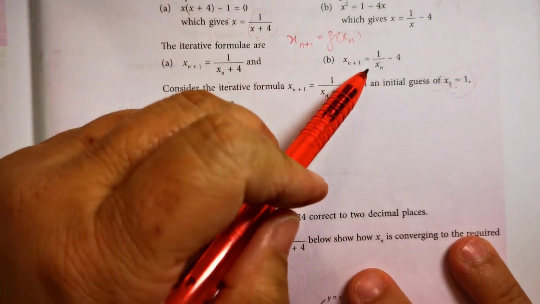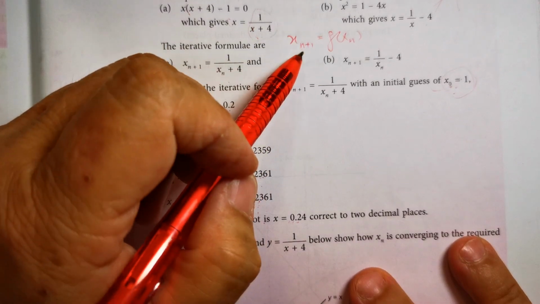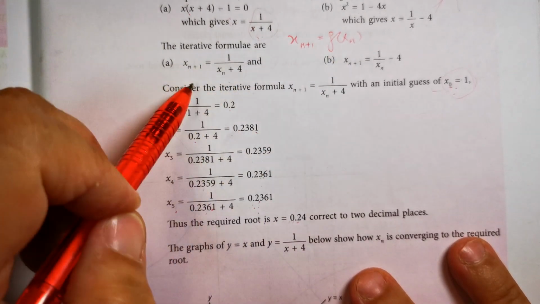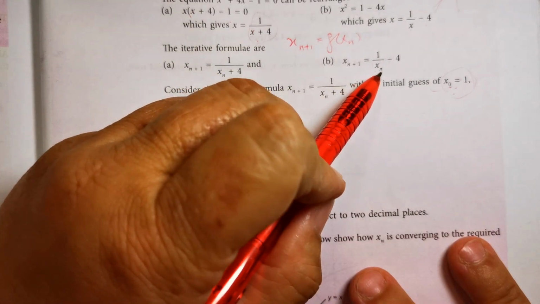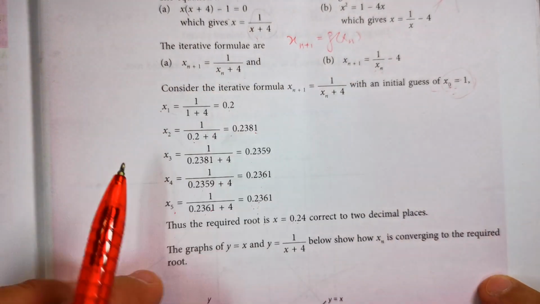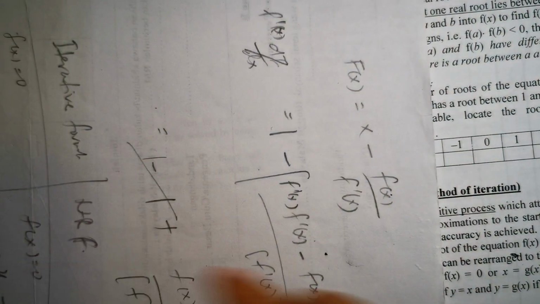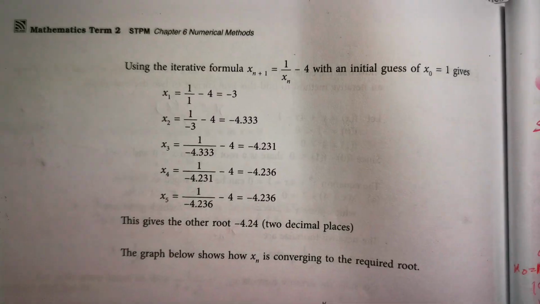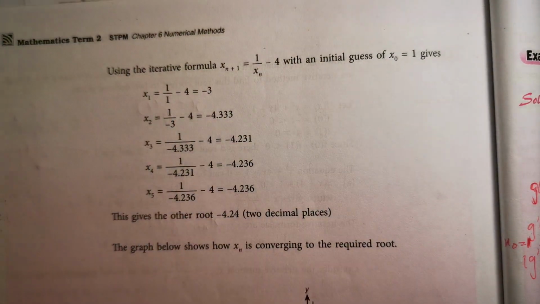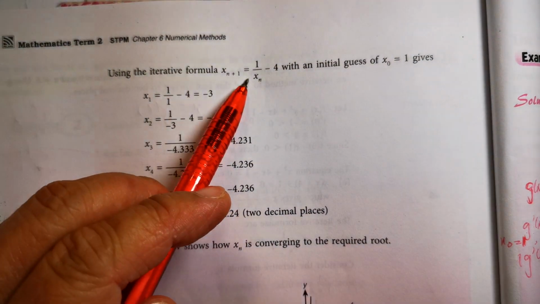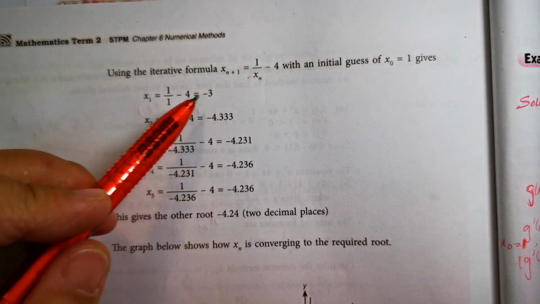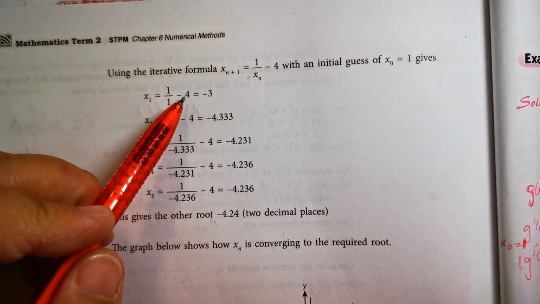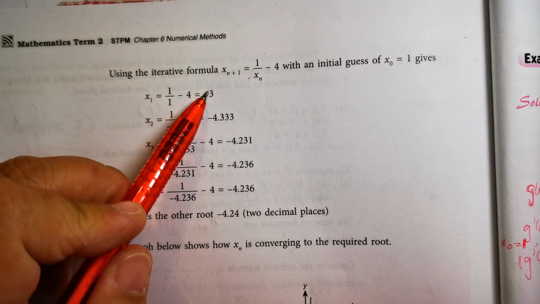Next, this one. Remember how we said we can rearrange in the form x equals g(x) by different methods? Just now we have discussed this one. What happens if we arrange in this way? Let's see. If we use the second one, again we choose the initial value x equals 1. So we sub x equals 1 into our g(x), you get -3.